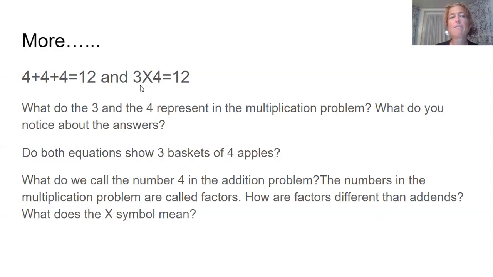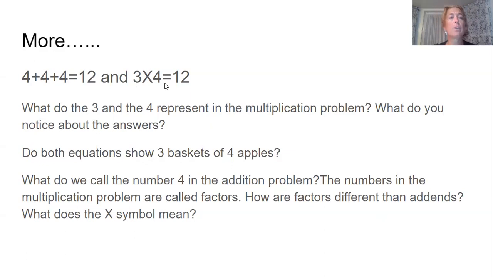Now, how are factors different than addends? Factors are different than addends because in addends, we have to have each group listed. So if there's 3 groups of 4, we have to make sure we have each of the number 4. Now, in a multiplication problem, we have the number of groups and then the number in each group.